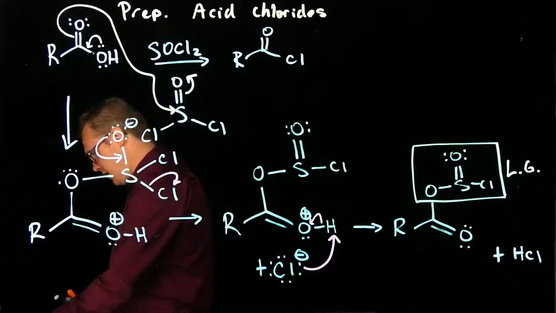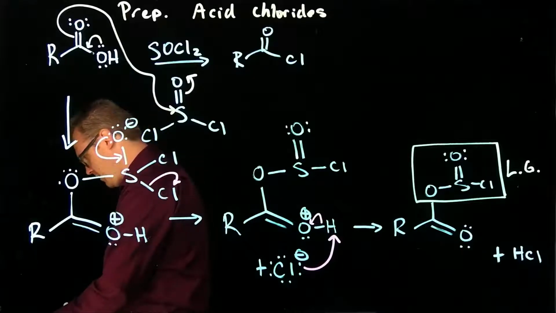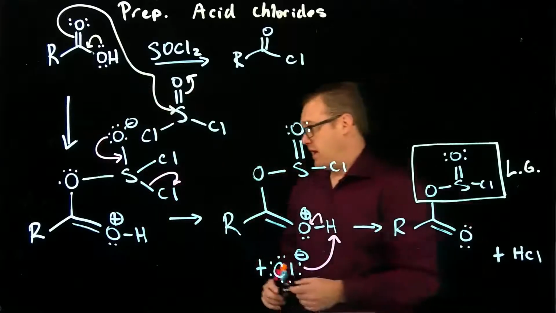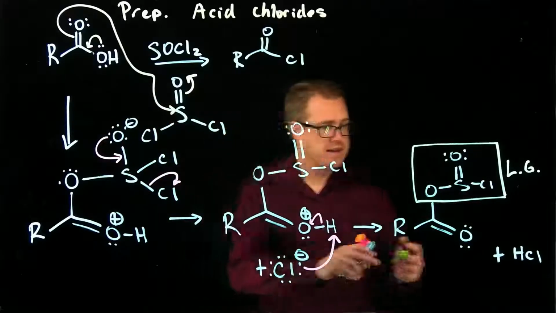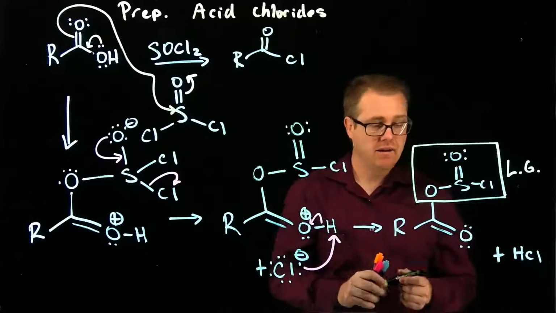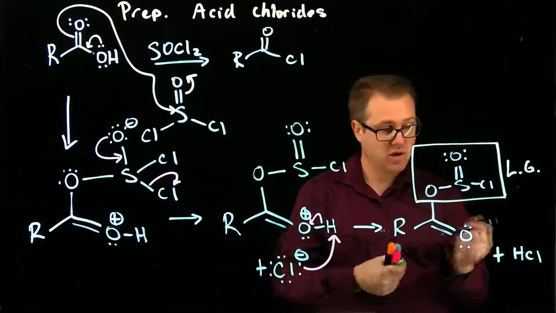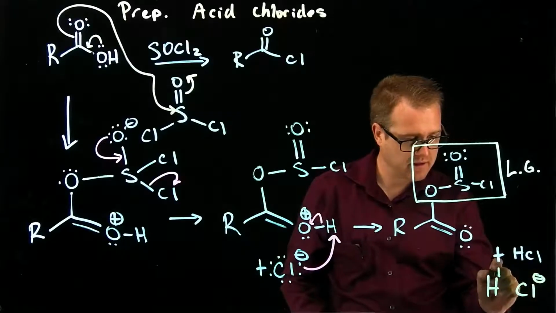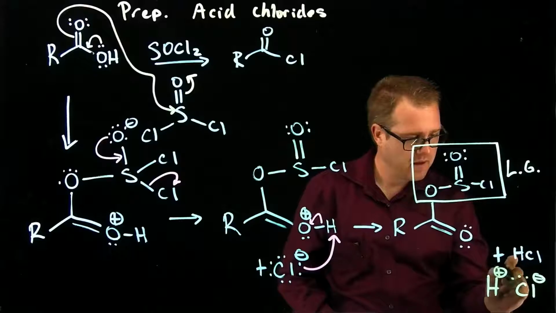So the next part here is that we understand we have hydrochloric acid, right? And hydrochloric acid is an acid, so it separates out, kind of looks like this, all right?